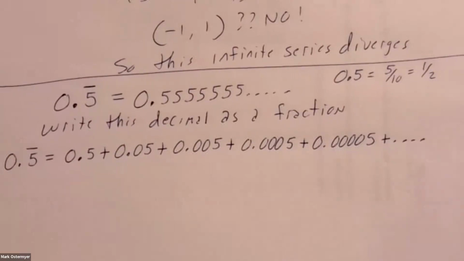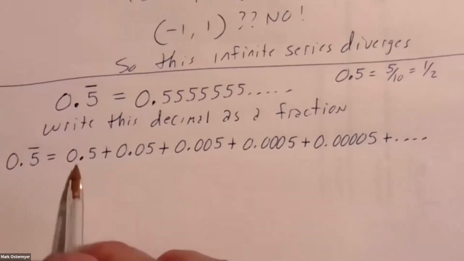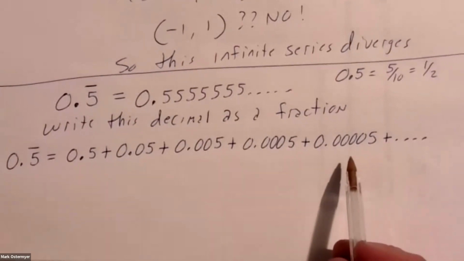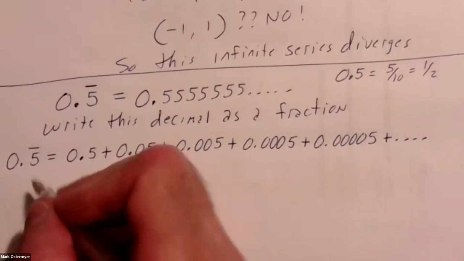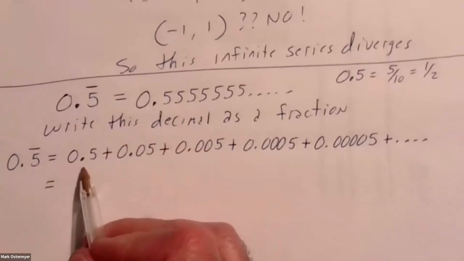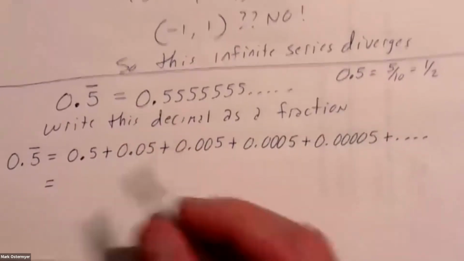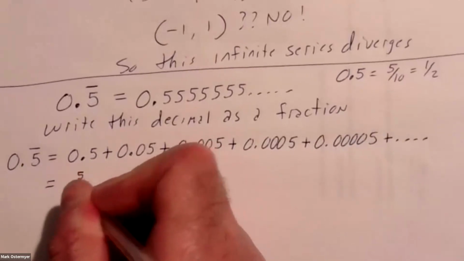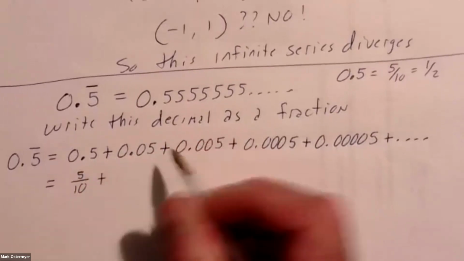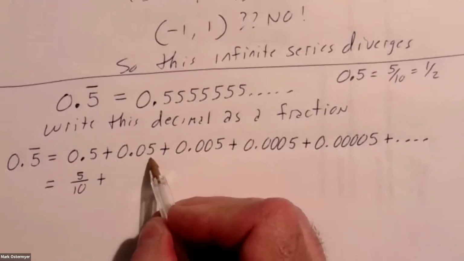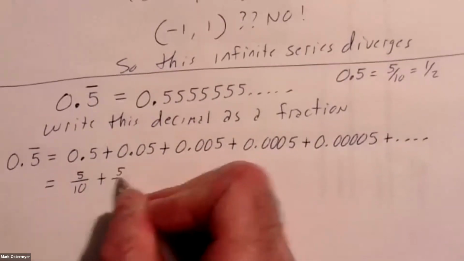Sure, that would be true. Now, this is a series. Is it a convergent infinite series, though, and is it geometric? Well, how do I write this as a fraction? 0.5 is just 5/10. How do we interpret this? Hundredths: this is 5/100.